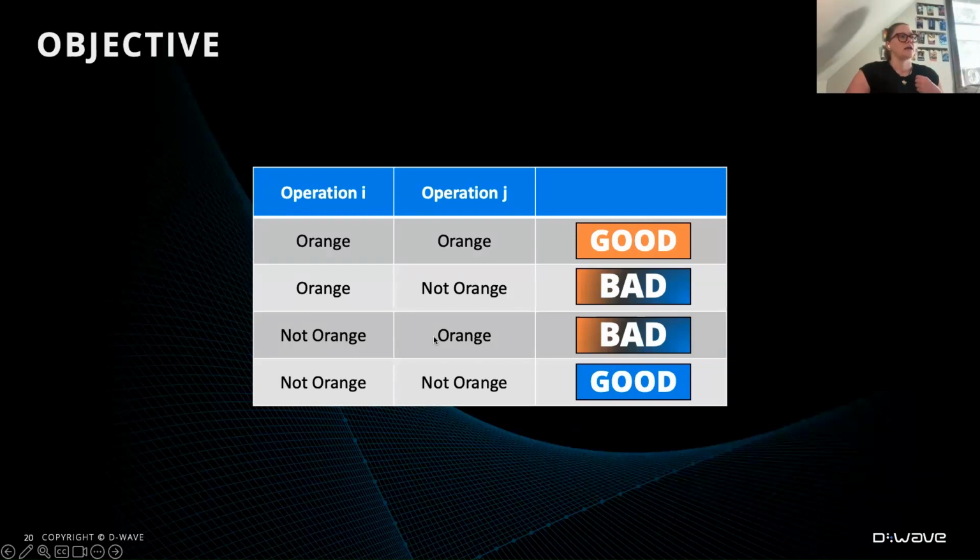But if they're split across different computers, that's bad, because then we'll have to pass a message. But thinking in the context of the orange computer, if neither of them are on the orange computer, then we don't need to penalize situations that involve the orange computer. So that's good as well.